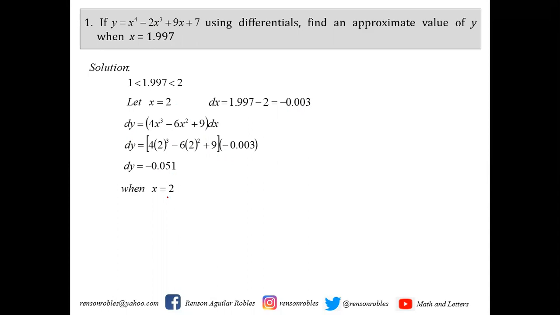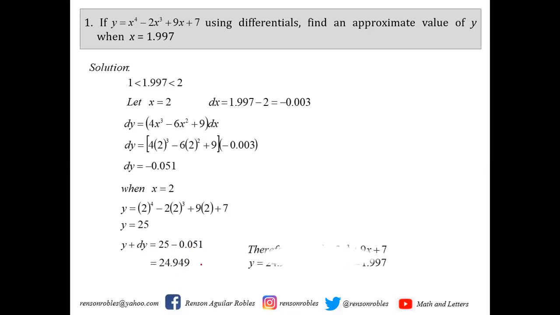And therefore, when x equals 2, for your y, we just replace x by 2 here. So you have y equals 2 to the 4 minus 2 times 2 cubed plus 9 times 2 plus 7, and this is equal to 25. So we can now approximate the value of y whenever x is 1.997 by applying the theorem that I presented earlier, and that is y plus dy, which is equal to 25 minus 0.051, and that is equal to 24.949.